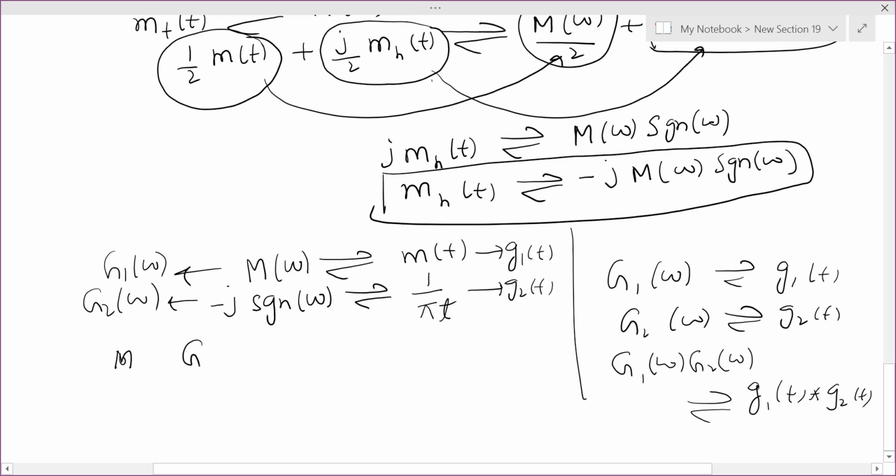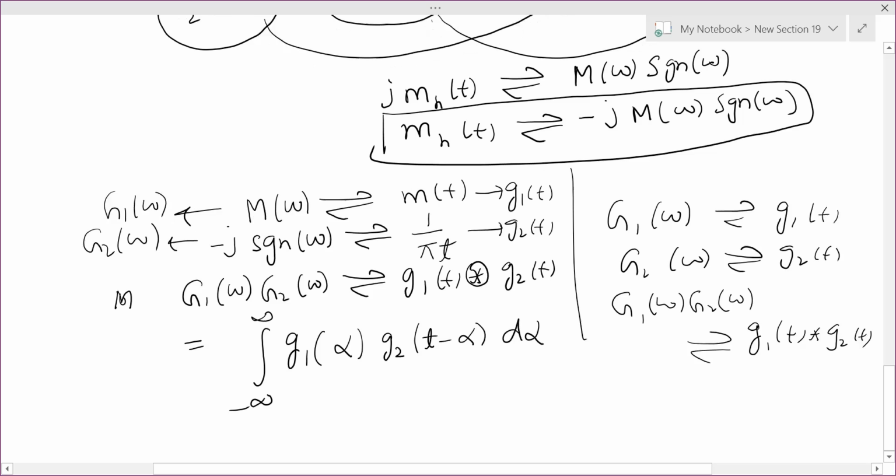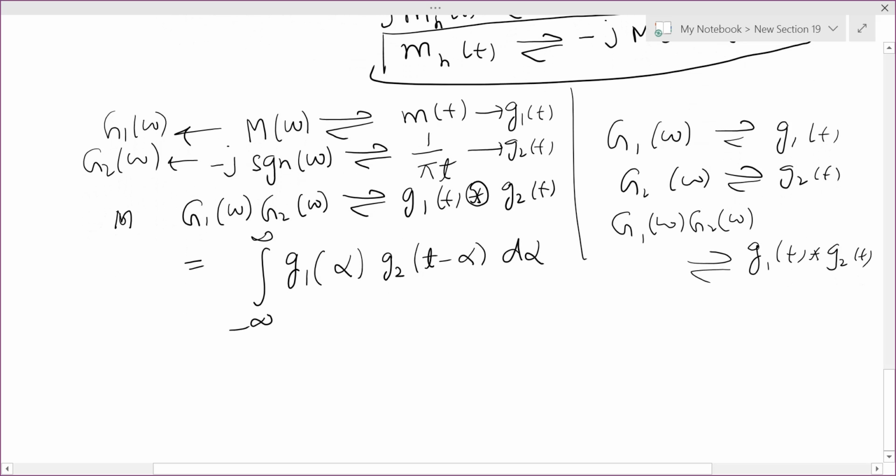So what you can say, g1 of omega times g2 of omega forms a Fourier transform pair with g1 of t convolved with g2 of t, which is equal to the convolution formula, integral from minus infinity to infinity of g1 of alpha, g2 of t minus alpha, d alpha. Alpha is a dummy variable; in convolution we have this formula.